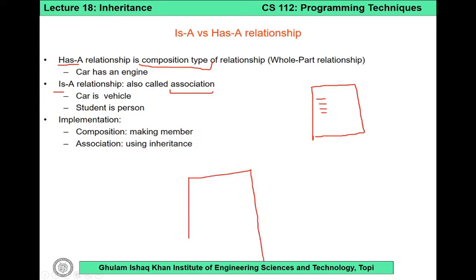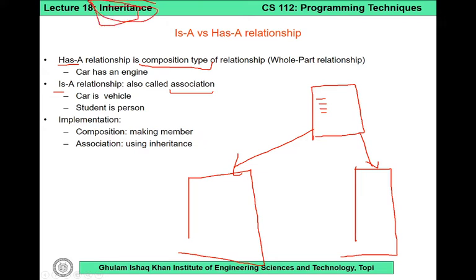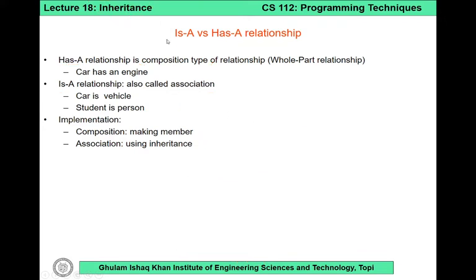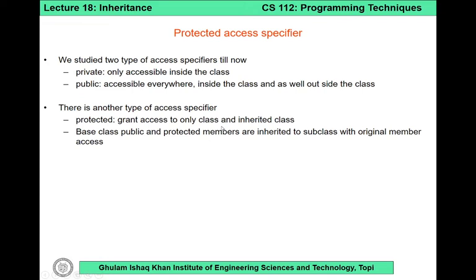This is another class and this is another class, and if you are making association, you are linking this class with this class. So usually there are other ways to make association as well, but one of the ways is this. Okay, this got all messed up. One of the ways is inheritance, right? So this is something which I missed last time, so I hope you got it.